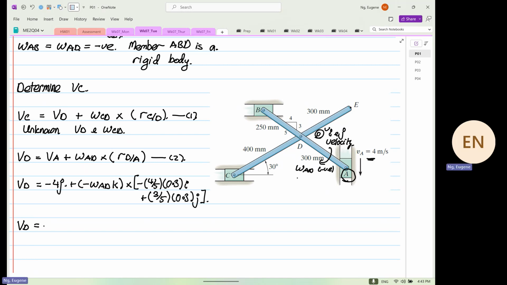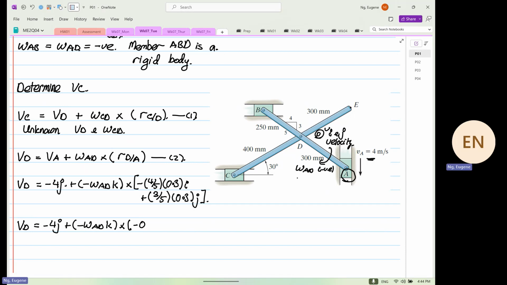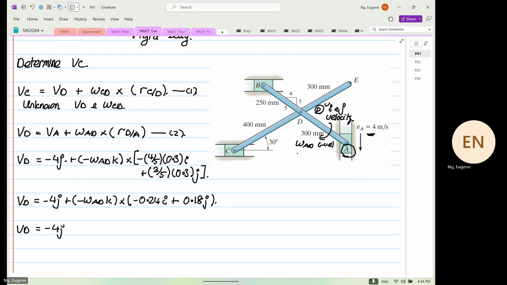VD is equal to minus 4J plus bracket minus omega AD K cross, and then now it is 4/5 times 0.3, 0.24, minus 0.24 I plus 3/5 times 0.3, 0.18 J. Okay, then from here, you have VD is equal to minus 4J, right?